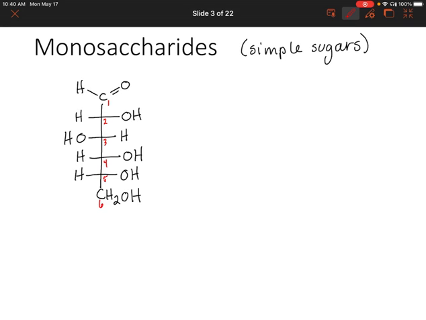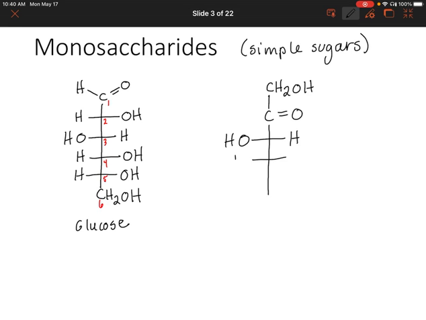We have 6 oxygens, and we have 12 hydrogens. There's another monosaccharide that we can draw, which will look a little bit different. This monosaccharide is called fructose.